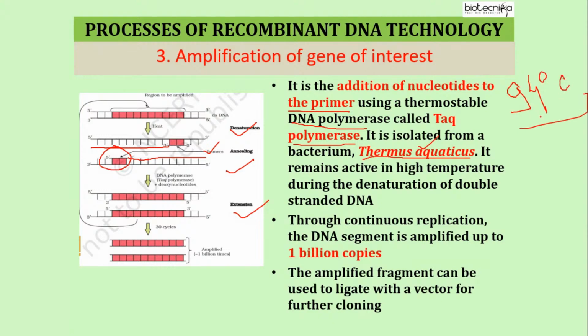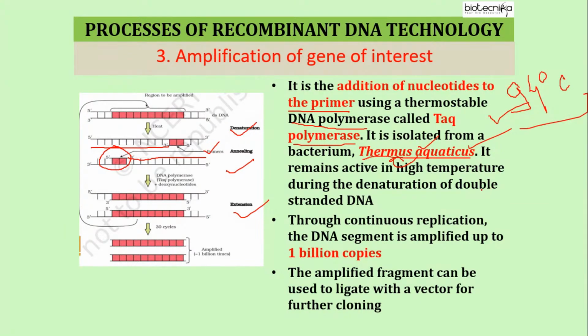If we do not provide this, how will the denaturation of strands take place? So who will bear this much temperature? It will be borne by polymerases isolated from hot springs. The name itself is Thermus aquaticus: Thermus means hot, aquaticus means water, isolated from hot water or hot springs. That is what is called Thermus aquaticus.